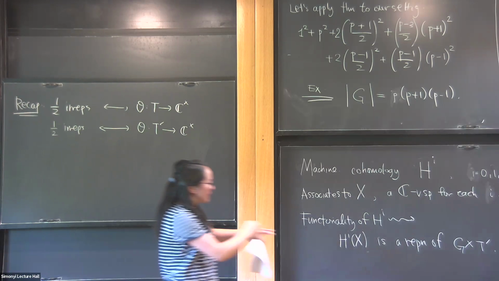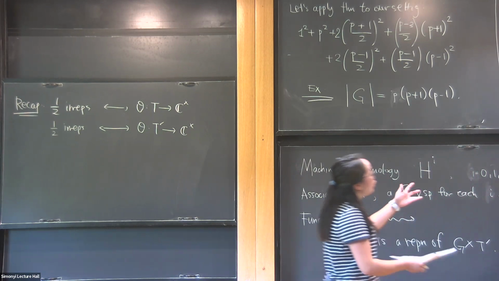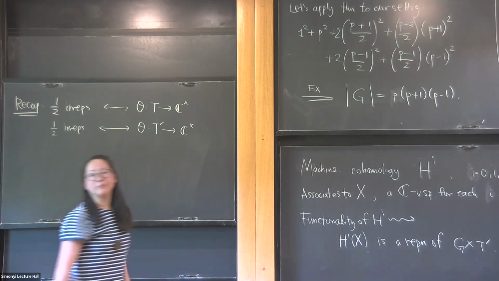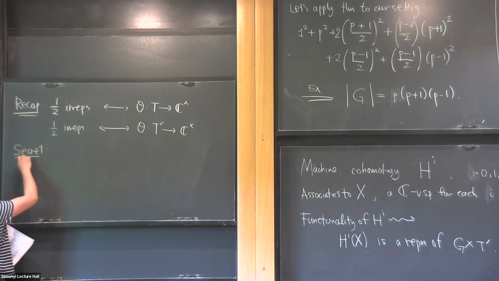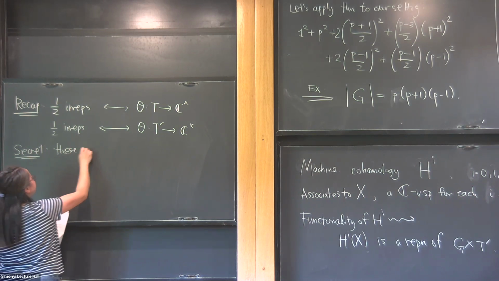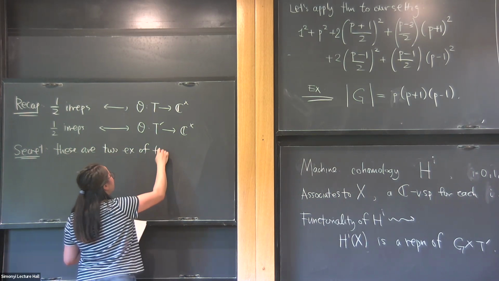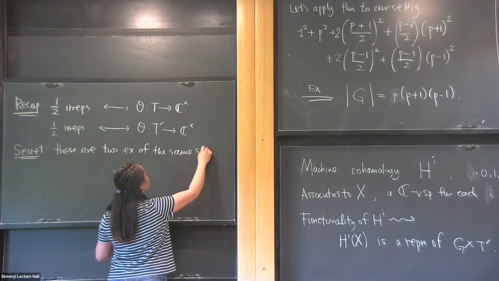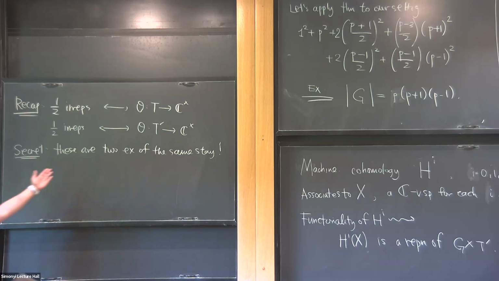And even though I presented them in really different ways, it turns out actually these are two examples of the same story. And so let me show you how to do that. So I guess maybe I should write it here, secret. These are two examples of the same story. Which is, and the content of this is that this thing can be unified. This is really part of one picture.